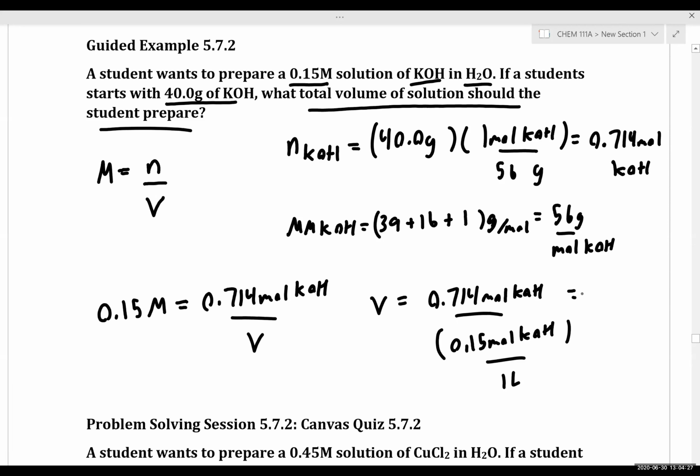If we punch that into our calculator, that in turn gives us a total volume of 4.76 liters, which we round to 4.8 liters.